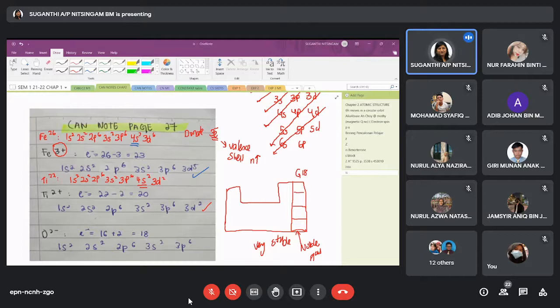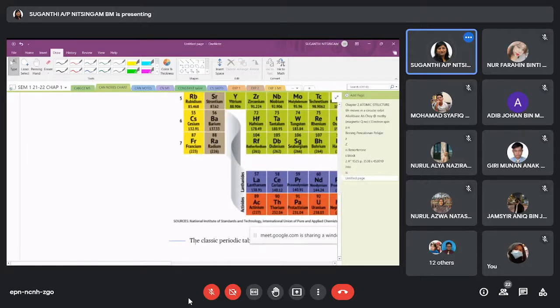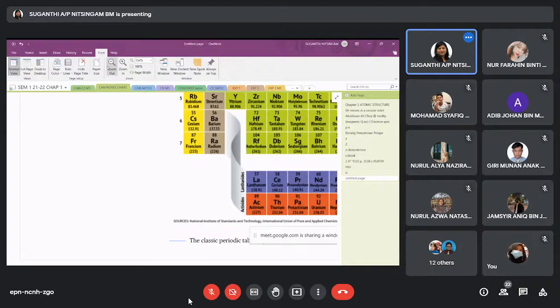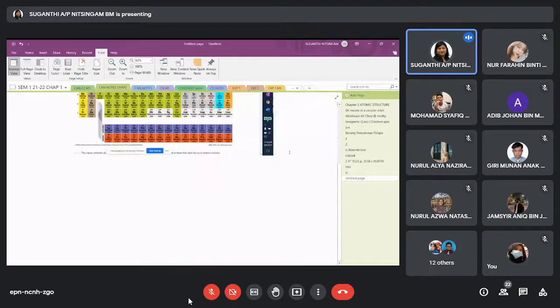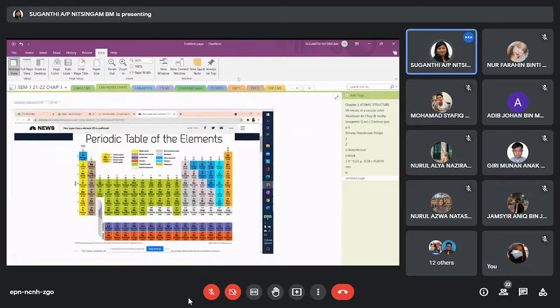We just take one. Okay, you see this. This is the periodic table. This group here is the one we call the noble gas configuration.